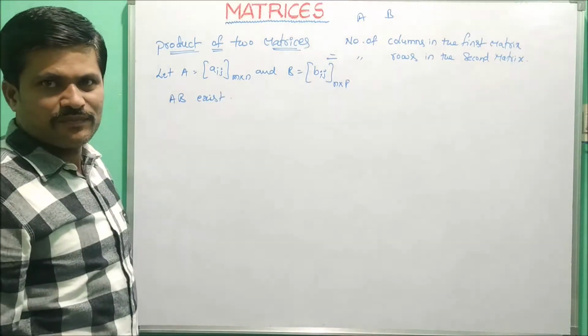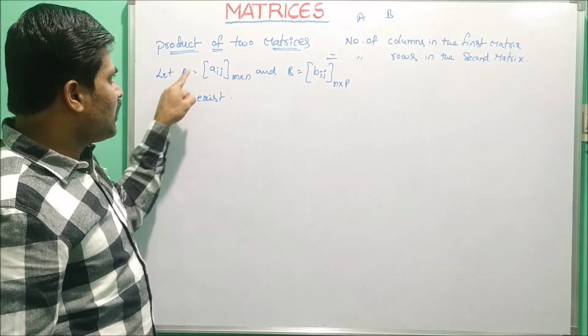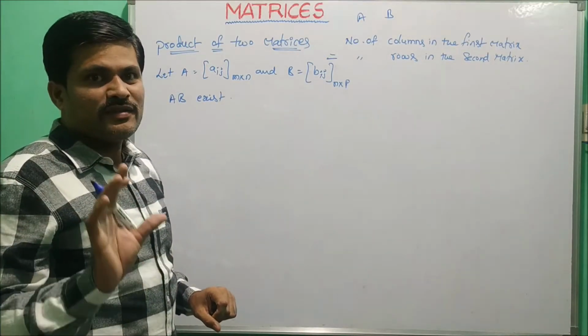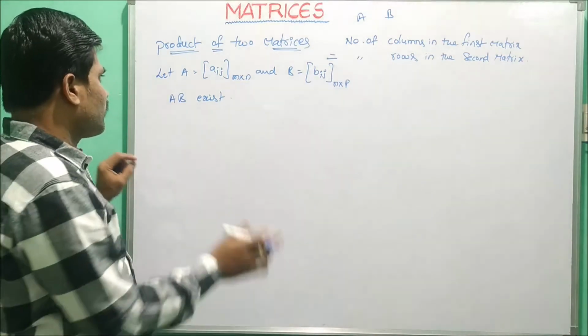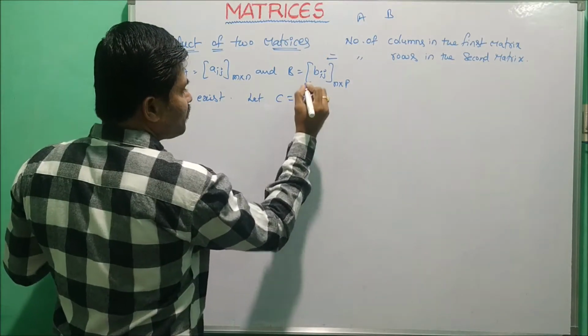AB exists. Now multiplying A with B, we get one new matrix. Let C equal AB.